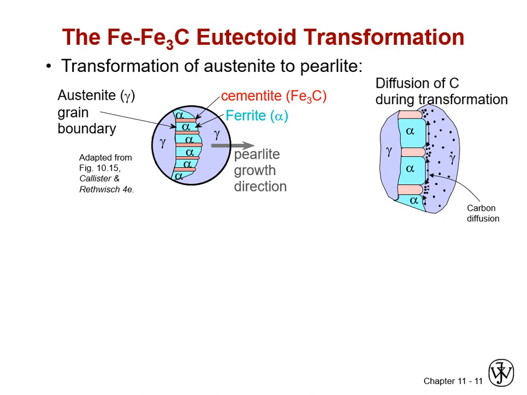So if you look over into the right-hand little schematic, you can see our growth front starting on an austenite grain boundary, of course, and it's growing out into an adjacent austenite grain.